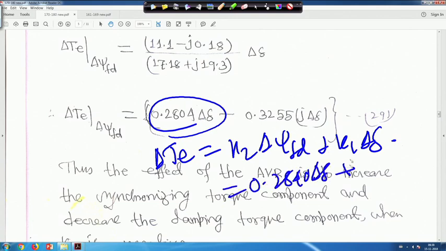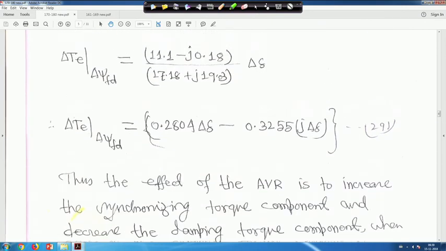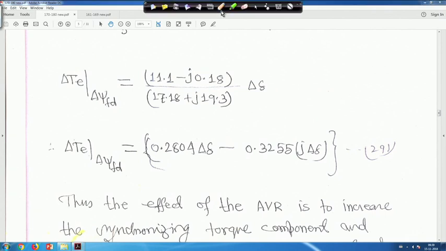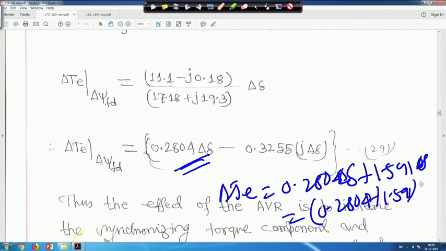Due to delta psi FD, the synchronizing torque component is 0.2804 delta delta, and K1 we have taken as 1.591. So delta T is 0.2804 delta delta, due to K2 delta psi FD, plus 1.591 delta delta.